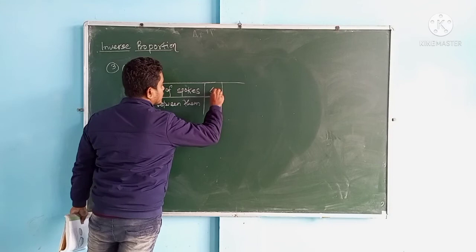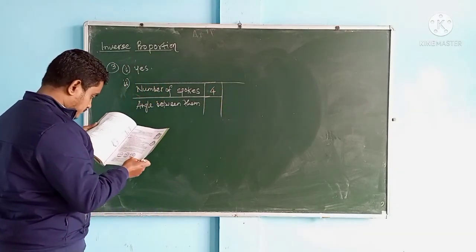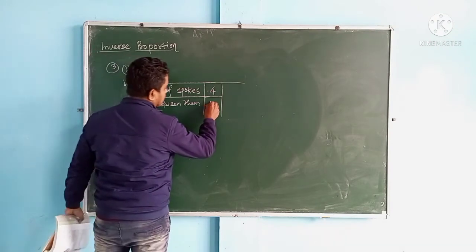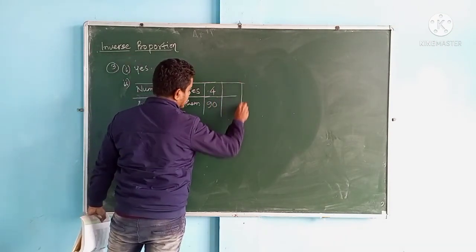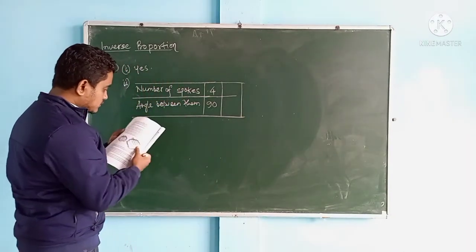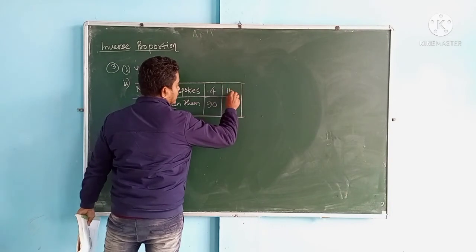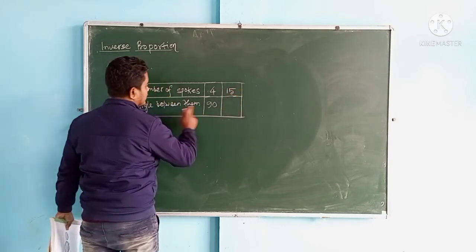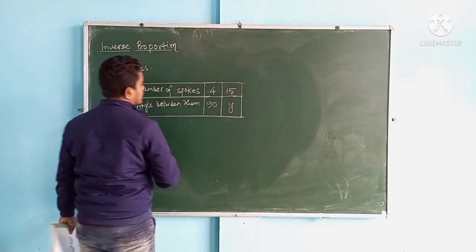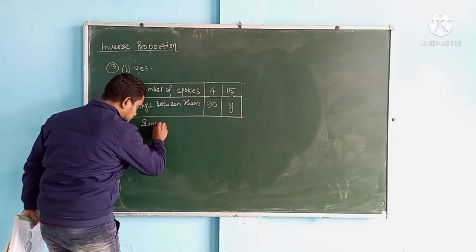Here it is given that for four spokes, the angle between them is equal to 90 degrees. We have to find out, with 15 spokes, the angle between them. Let this be y. Now we know that these are inverse proportions.